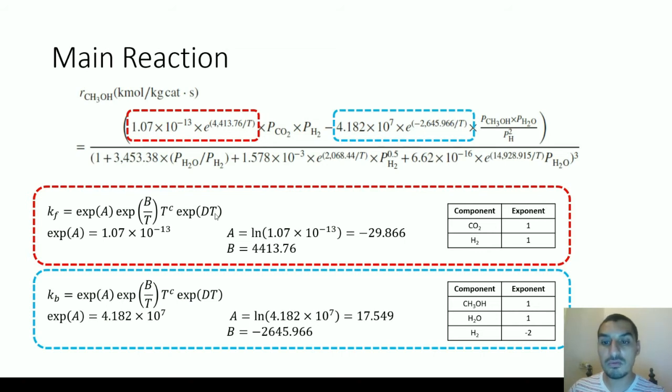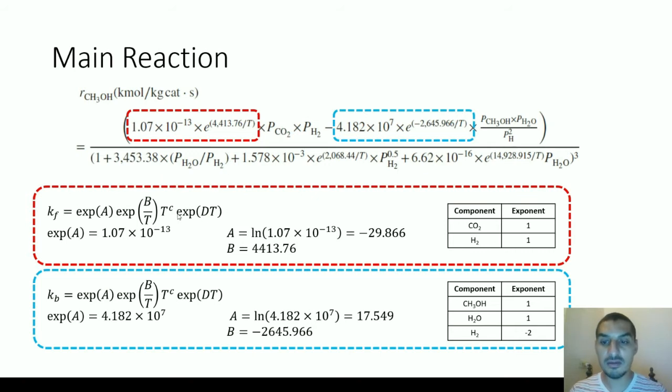And we have to put the values of a, b, c, and d that will make this equation equal to this form. So this is our task now. I see here that there is a constant which corresponds to exponential of a, and there is exponential of a number over T which corresponds to this term, and we don't have anything else, so c and d will be equal to 0.